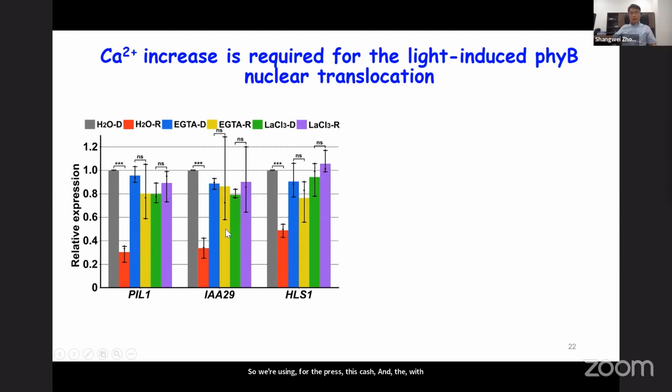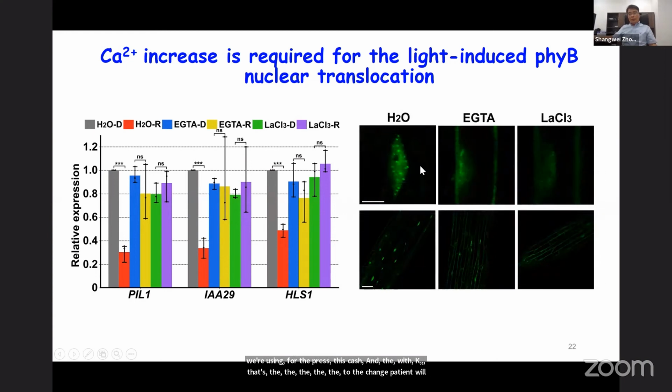More importantly, we found that the light-induced PhyB nuclear translocation will also be repressed. Therefore, this calcium increase is required for the light-induced PhyB nuclear translocation. This is a very exciting finding. So we then want to know how this calcium signaling can regulate the PhyB nuclear translocation.